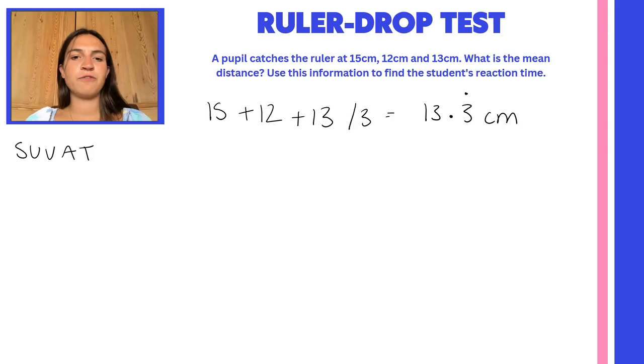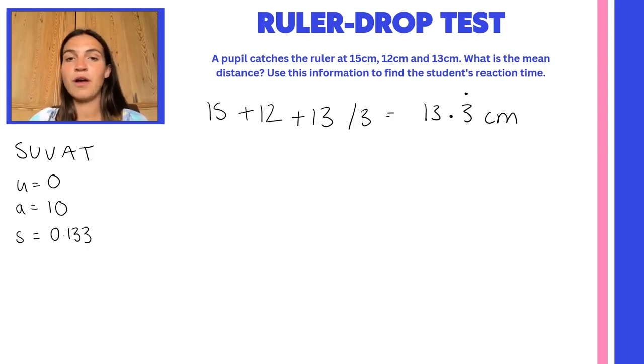So what I'm going to do first is write down all the information that we know. So we know that the initial speed of the ruler as it's being dropped is 0. We know that the acceleration of the ruler is just the acceleration due to gravity, which is 10. And we also know the mean distance that the ruler drops through is 13.3 recurring centimetres.